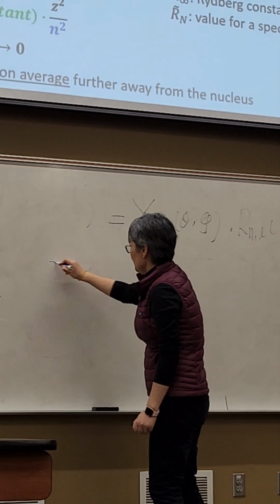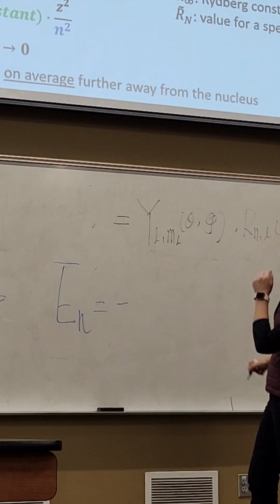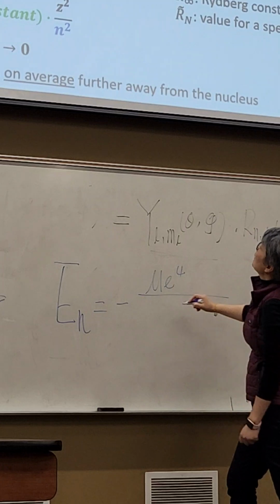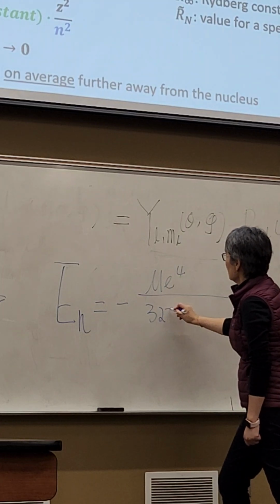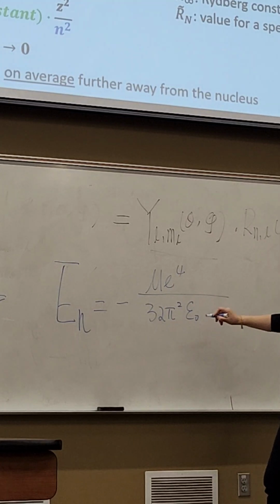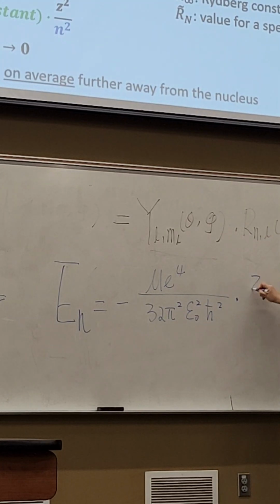So your energy is negative, then you have the reduced mass, then you have Z squared over n squared.